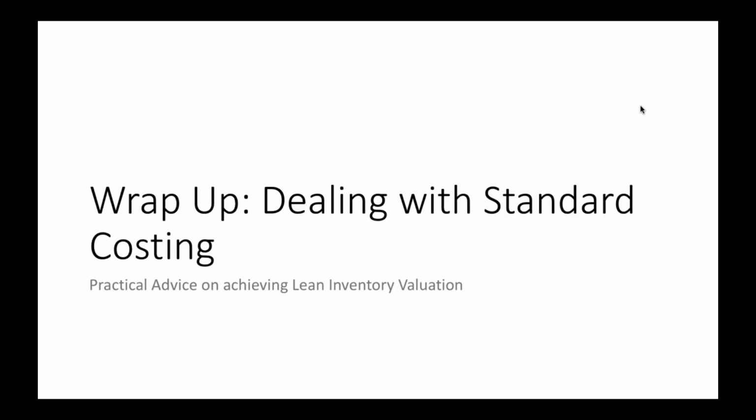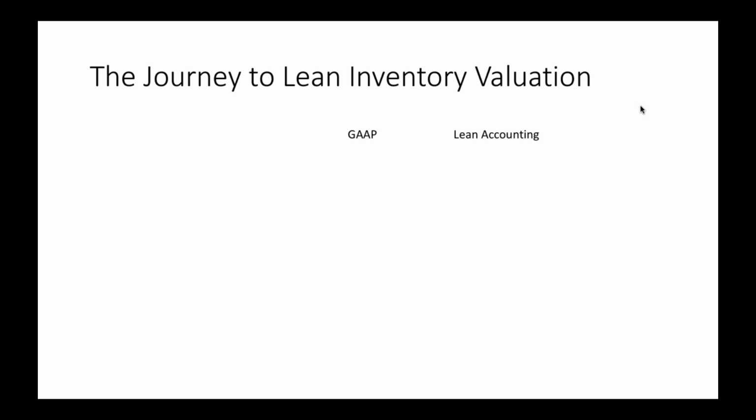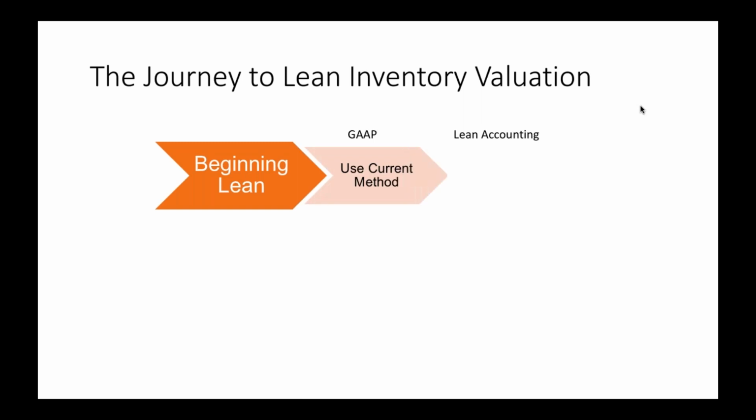So let's wrap up dealing with standard costing. Here's some practical advice. This is a journey from using standard costing to value inventory to lean inventory valuation. At the beginning stages of your lean journey, continue to use your current method of inventory valuation.